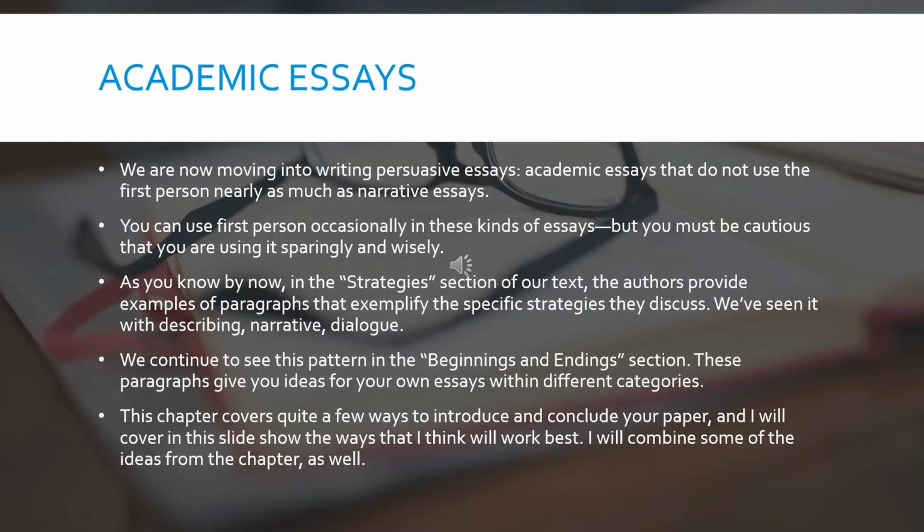This chapter does cover quite a few ways to introduce and conclude your paper, and I will cover in this slideshow the ways that I think will work best. And I do combine some of the ideas from the chapter. So I'm going to combine ideas and talk about the 6 ideas for an introduction and the 5 ideas for a conclusion that I think you can utilize effectively.